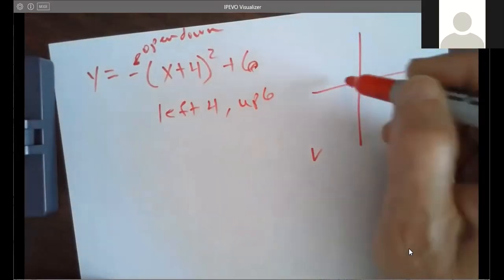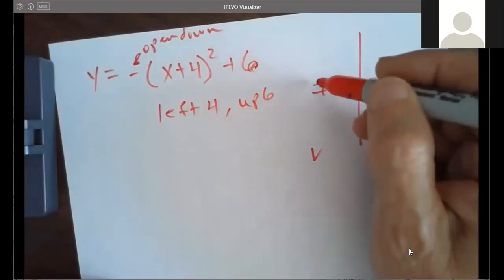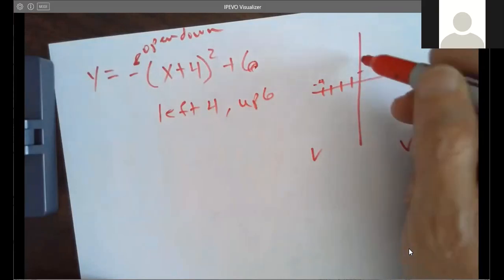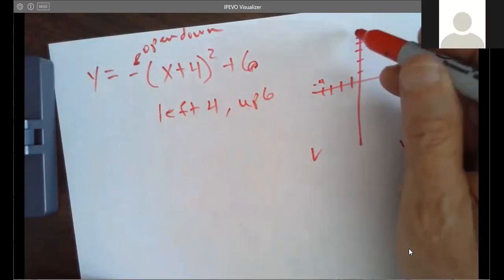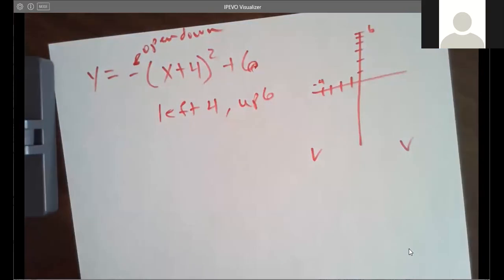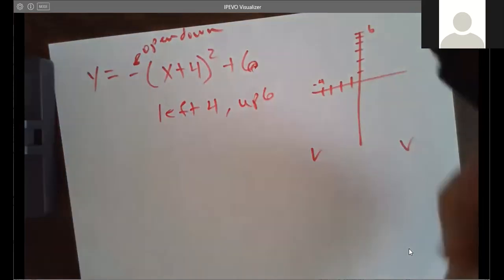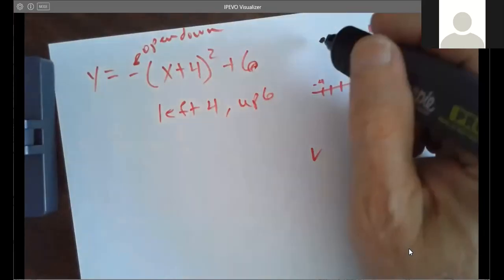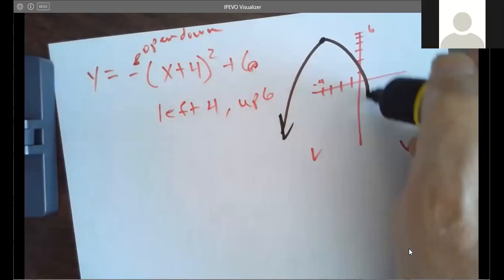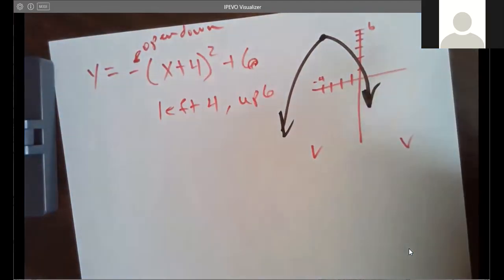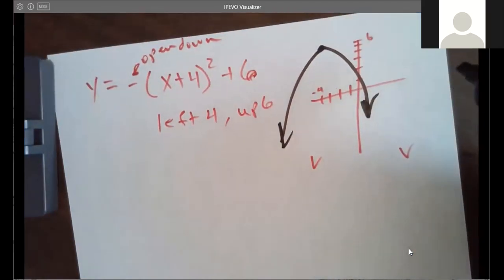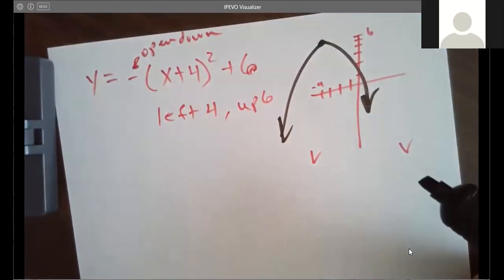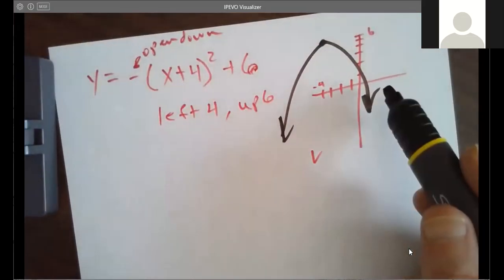So this would be 1, 2, 3, 4, and up 1, 2, 3, 4, 5, 6. So here's negative 4, 6, and it opens down. We're not going to get into the y-intercepts or x-intercepts in this lesson. So the graph is going to look something like that.